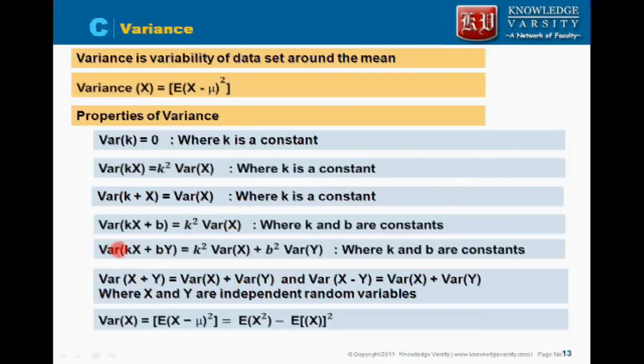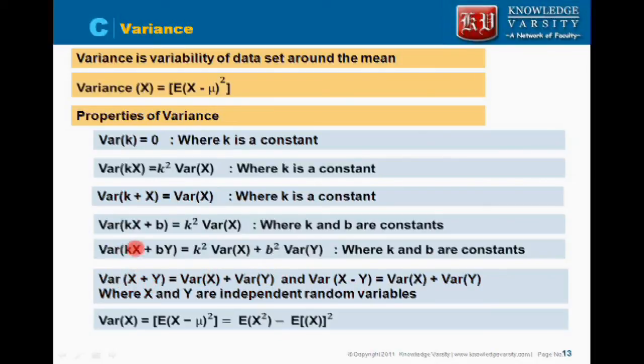Now if you have variance of kx plus by, where k is a constant and b is a constant, it is written as k square variance of x plus b square variance of y. Variance of x plus y is variance of x plus variance of y only when x and y are independent random variables.